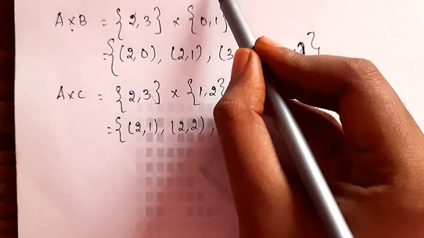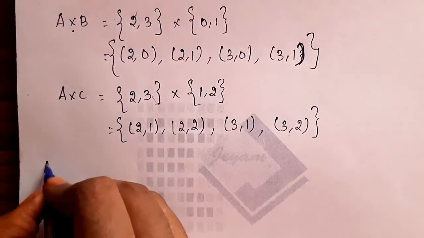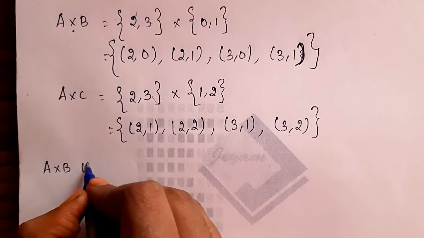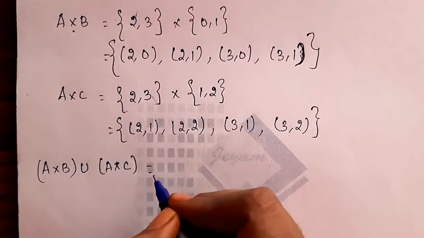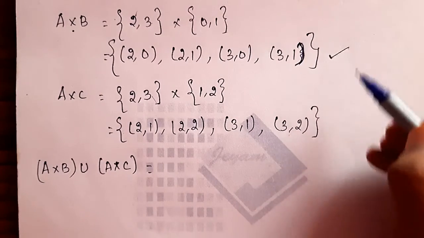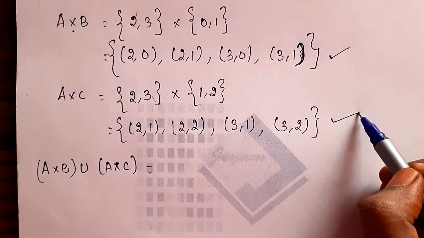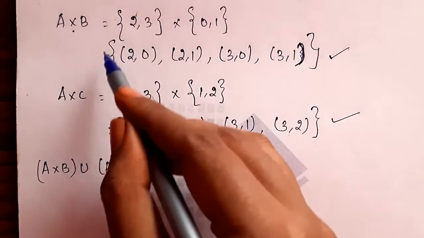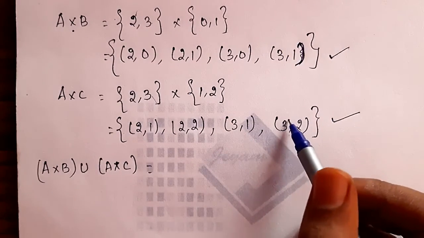Next, what do we have to find out? We have to find the union of the both. So I can write (A cross B) union (A cross C), that is equal to, I mean we have to find the union of this and this. Union means we have to collect all the elements from this one and all the elements from this one.